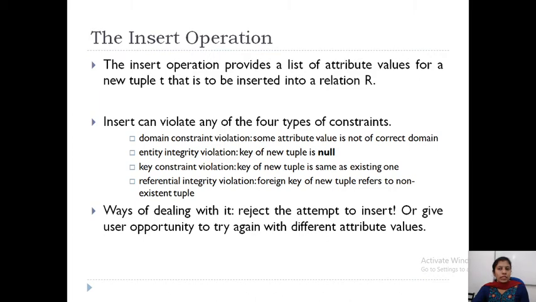Then referential integrity violation: as I have shown, if you are giving a department number which does not exist, then the referential integrity constraint is violated. So these are the different insert cases where it will violate the schema-based constraints.